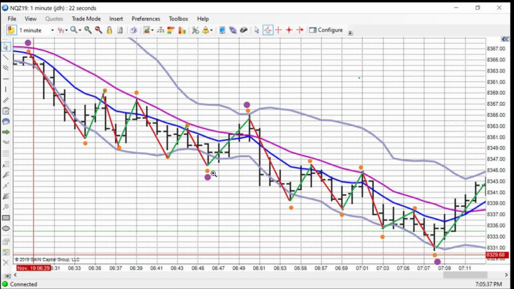And if there's no minor low that meets that same definition, notice this minor low is not, it's lower than the previous low, but it's not lower than the low that follows.